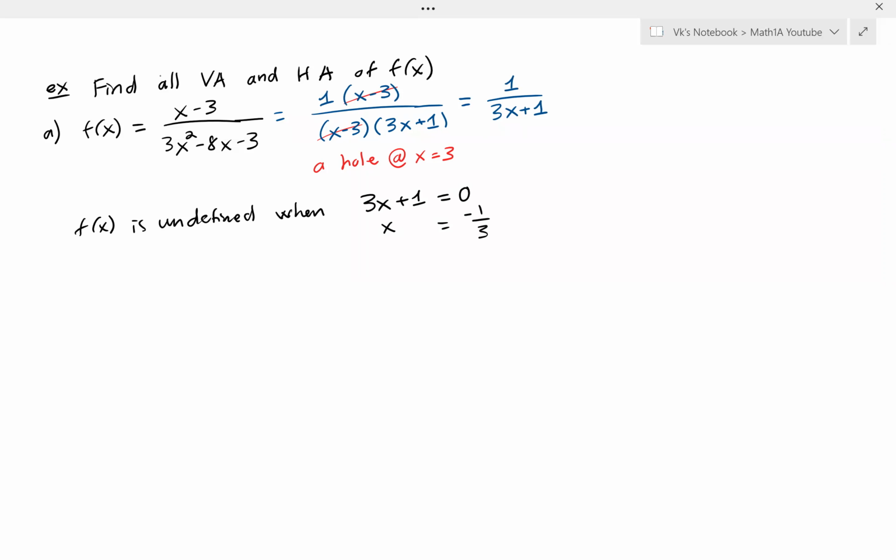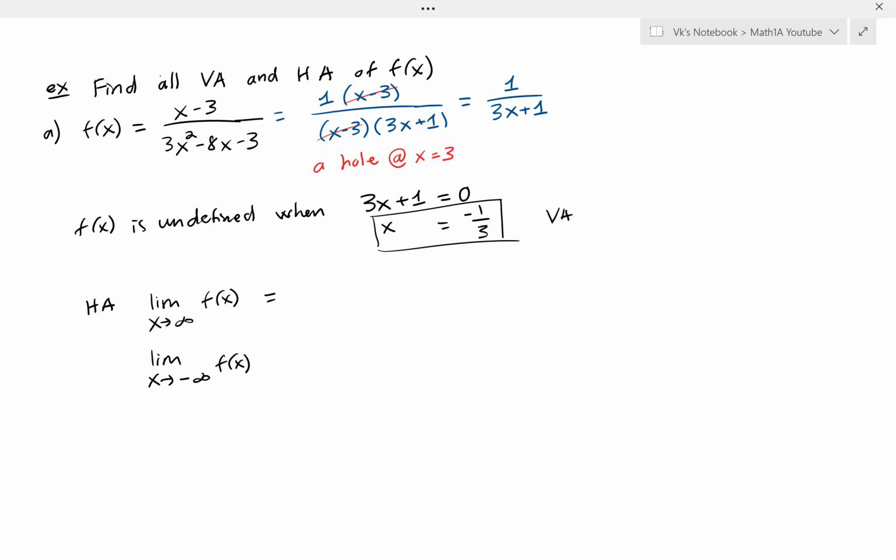Because there is not a hole, it's going to be a vertical asymptote. Okay, so we got the first vertical asymptote. Next, for horizontal asymptotes, we just have to figure out the limit as x goes to infinity of f(x), and the limit as x goes to negative infinity of f(x).